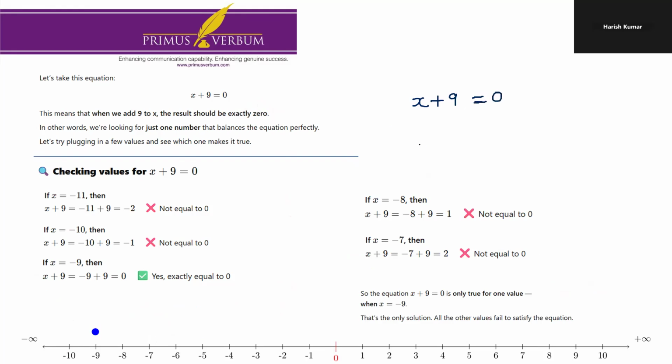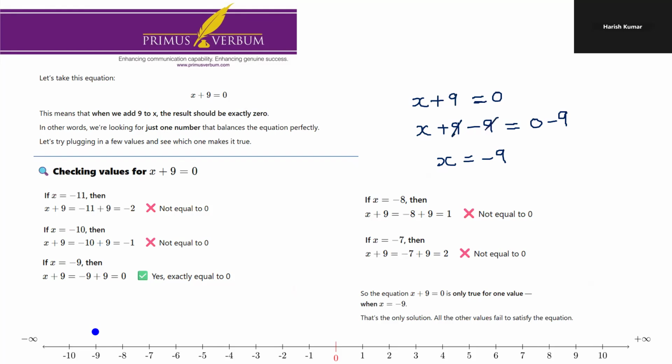And since we are looking for the value of x, I would like to isolate it on the left hand side where it is already present by subtracting 9 from the left hand side, in which case I have to subtract 9 from the right hand side as well. So this gives me x is equal to minus 9.